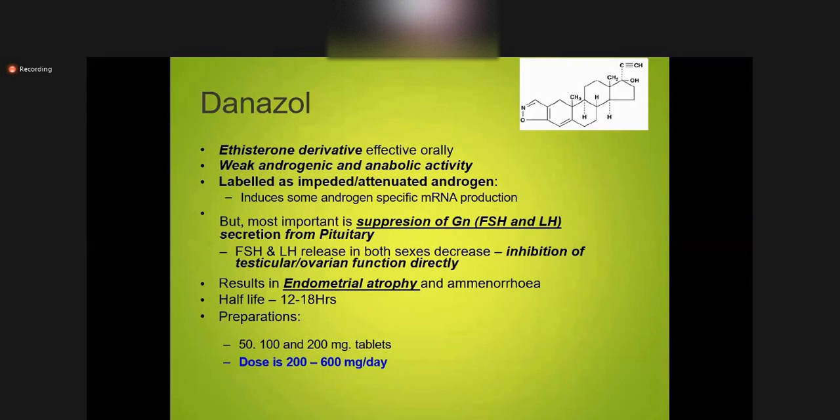So FSH and LH release can both be inhibited in male and female. FSH is follicle stimulating hormone, and the other is luteinizing hormone. So there is inhibition of testicular and ovarian function. Danazol is used mainly in endometrial hyperplasia, where it results in endometrial atrophy, reducing the growth of the endometrium.